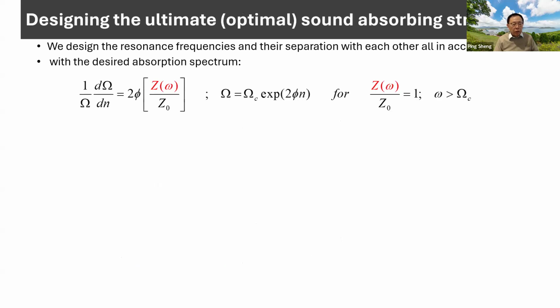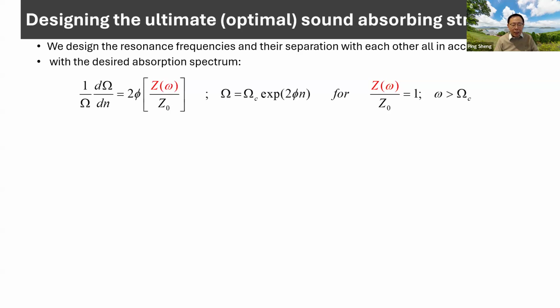So for the simplest case, let's say we want to have total absorption, okay, beyond the cutoff frequency. Then the equation, the red Z of omega divided by Z naught, is just 1 beyond omega, small omega greater than big omega sub C, and then we just get an exponential solution. So it's very simple.